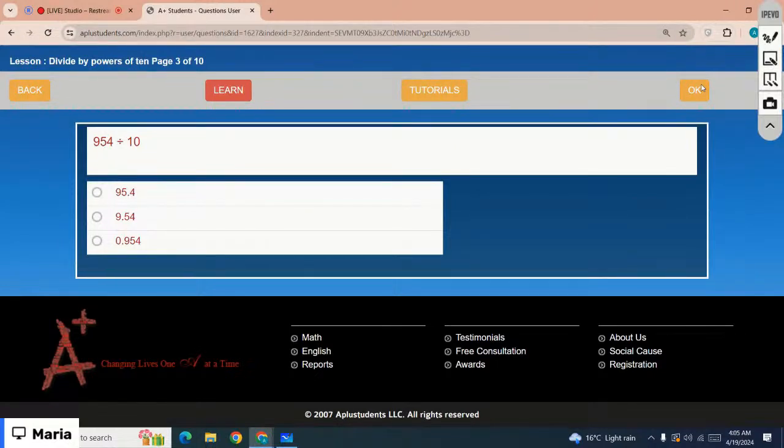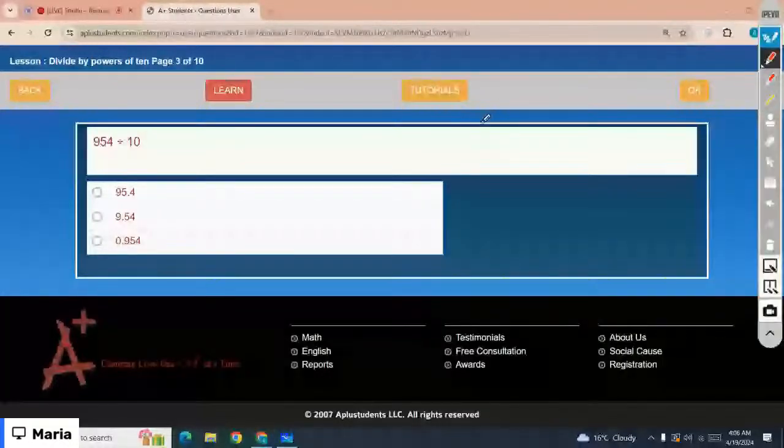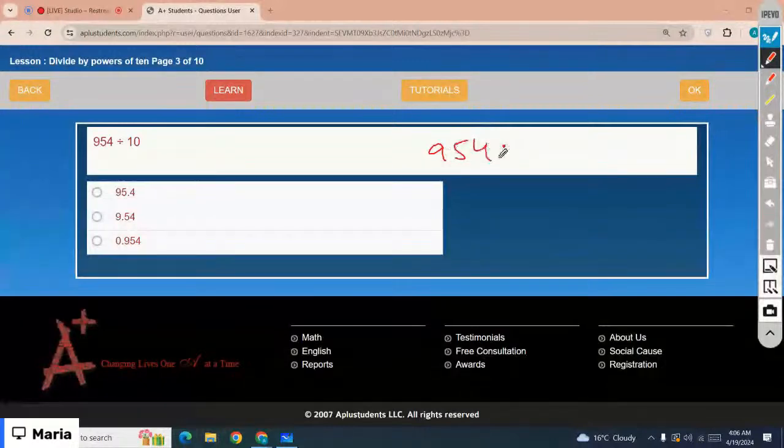954 divided by 10, which is the correct option? The decimal place is here, the decimal value is here, right?